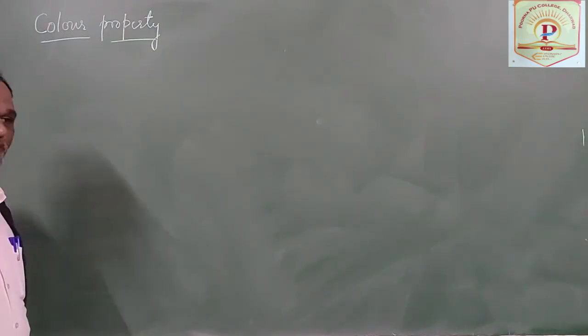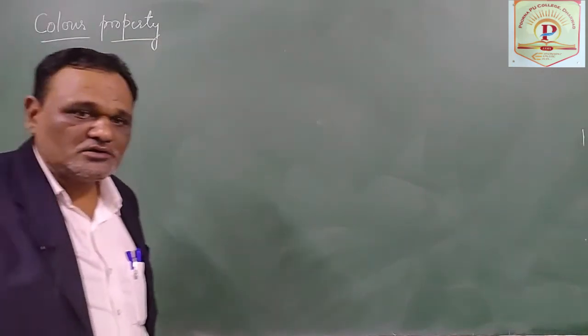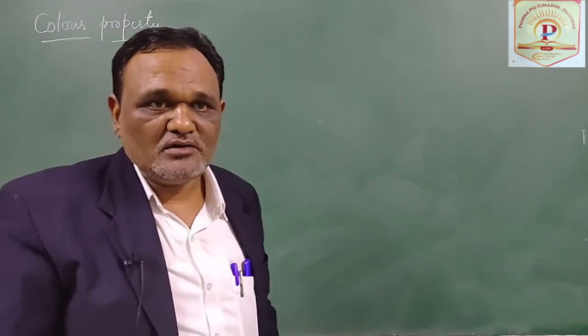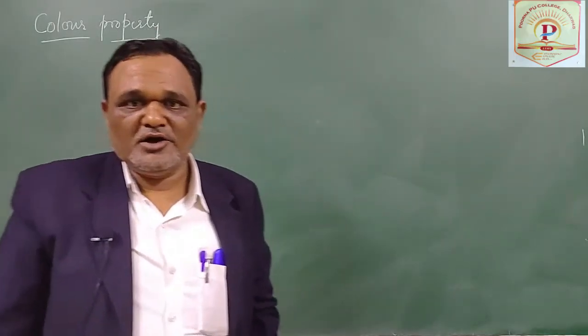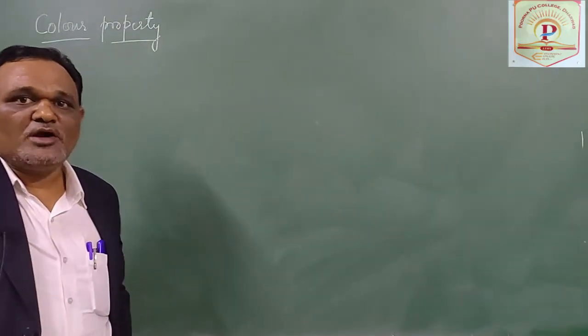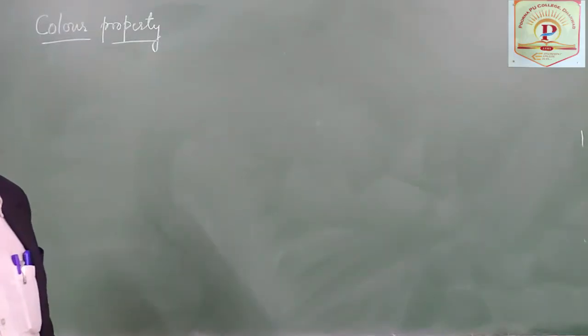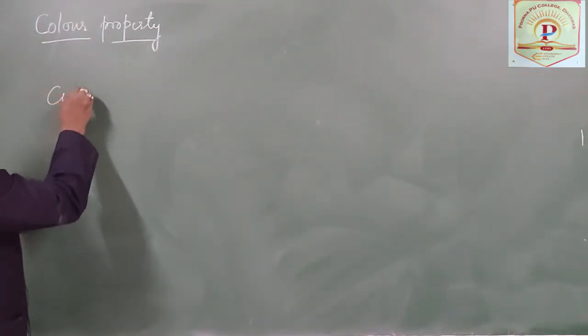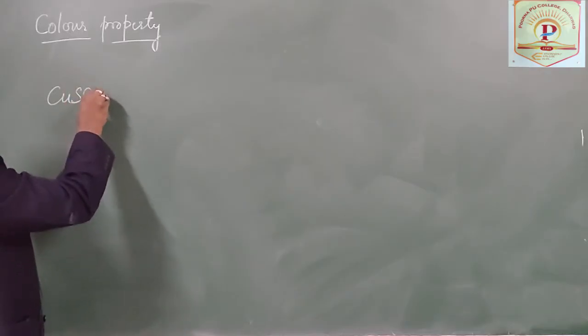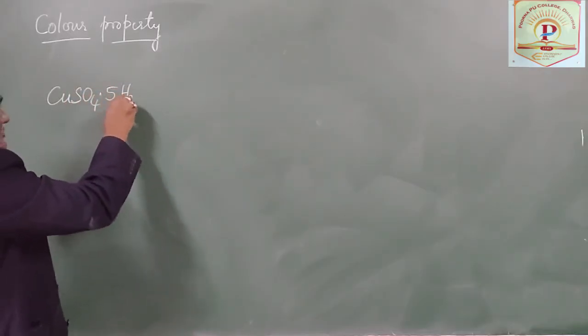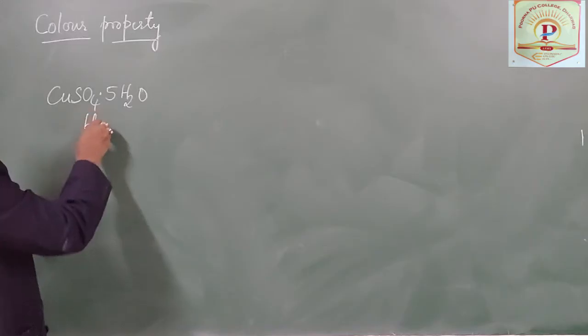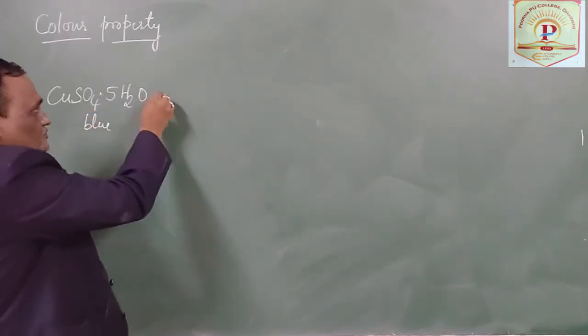The color property of transition metal ions in hydrated condition is due to the formation of complex compounds. As I said, when initially copper sulfate was taken, which contains 5 water molecules, it was blue in color.